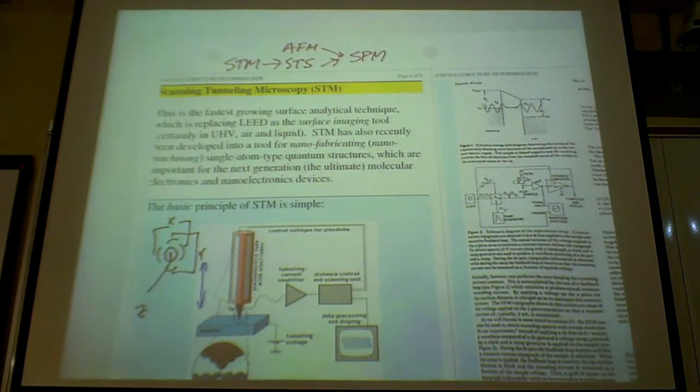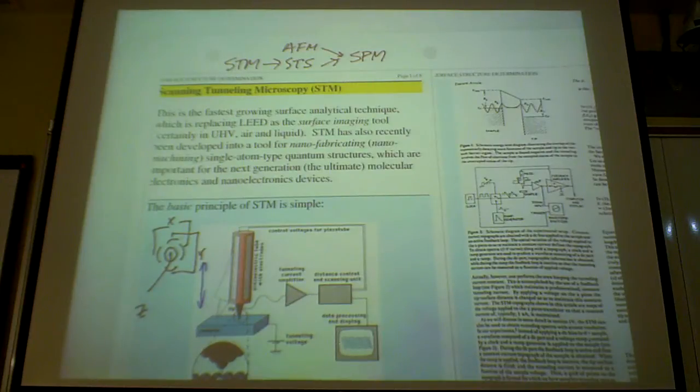Okay, so let me switch gears to the last technique that I want to talk about before we move on to the electronic structure, which is also a technique invented in the mid-80s, around 1986, by two IBM people at IBM. They were looking at a technique called scanning tunneling microscopy.